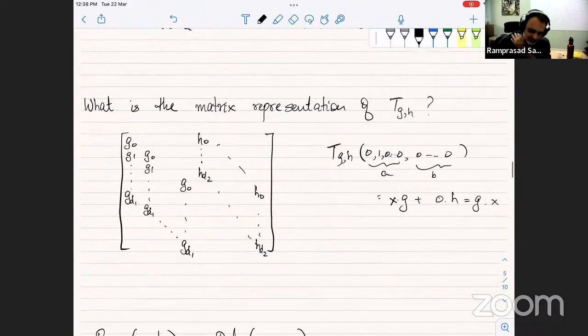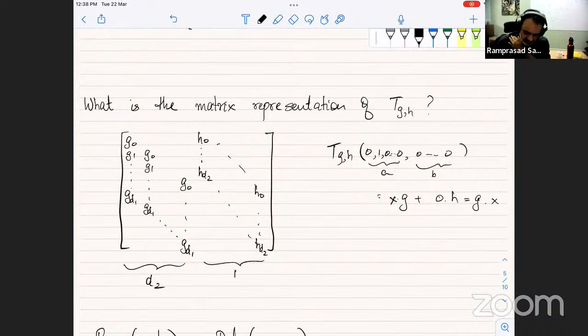Okay, so that's what this matrix looks like. There are D2 such columns here, and D1 such columns here. And this is what the matrix representation of T_{G,H} looks like. Okay, and this matrix has a name. This is called the Sylvester Matrix.